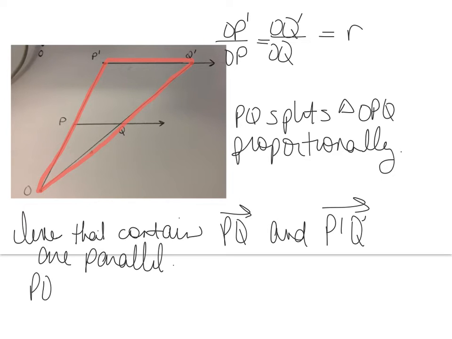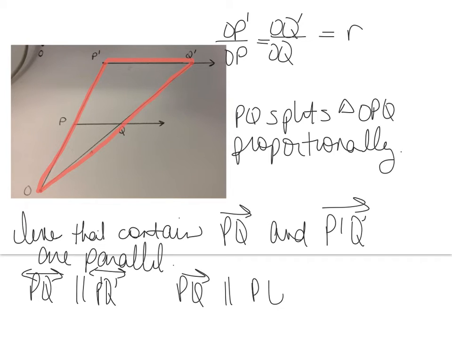So we know that PQ is parallel to P prime Q prime. Line PQ is parallel to line P prime Q prime. Therefore, we know ray PQ is parallel to ray P prime Q prime. Cool? All right. Let's take it one step further.